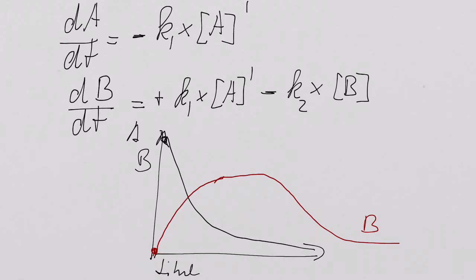What happens to C? What would happen to C? It goes up when B decreases. First we have no C, and it would go up like that. Yeah?